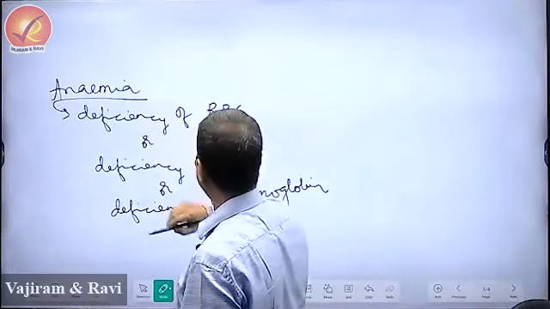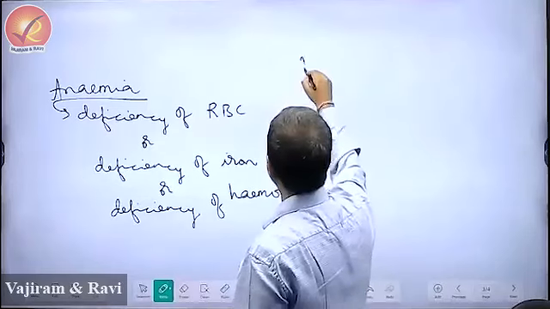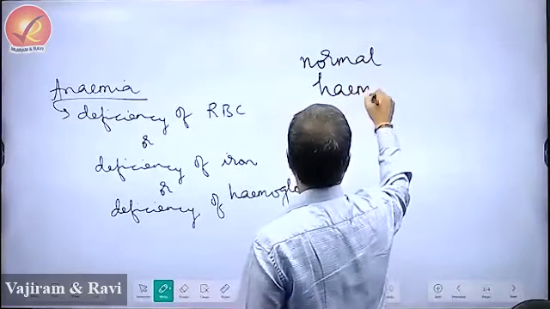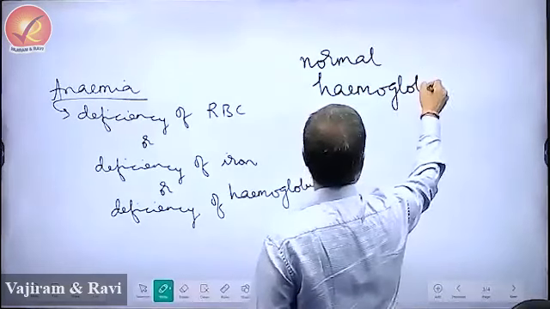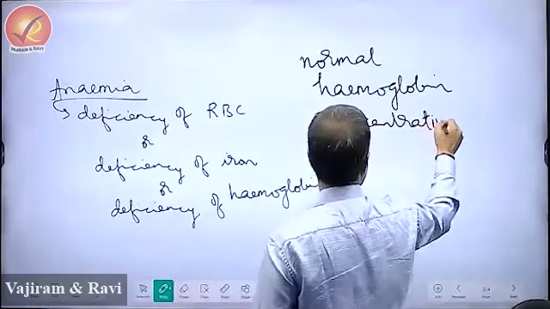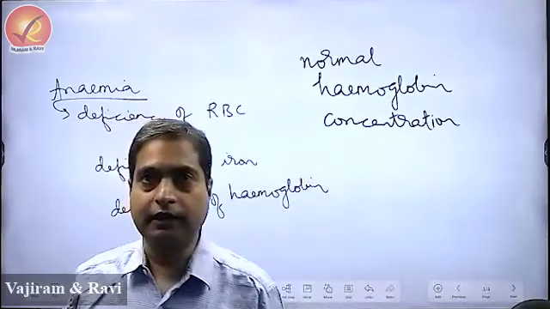So in case of anemia, any of the reasons could occur, but first of all, write the normal hemoglobin concentration. What is the normal hemoglobin concentration in a healthy individual?